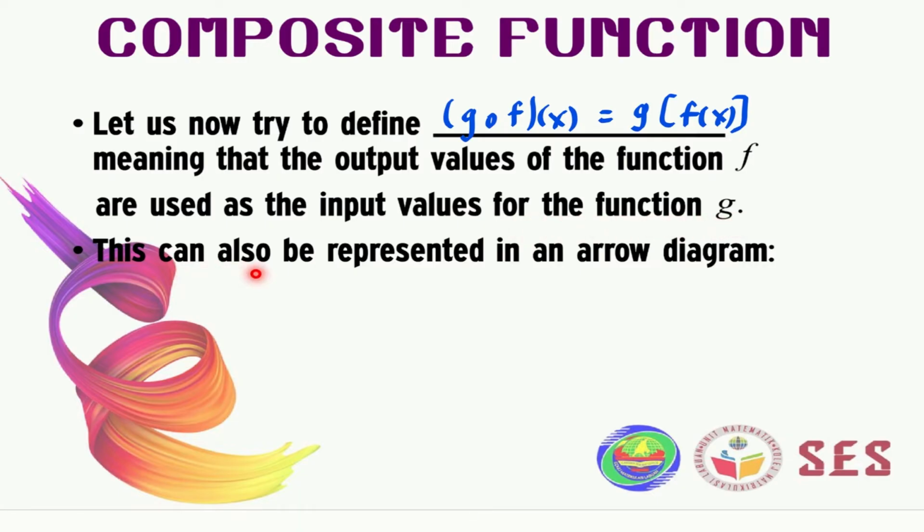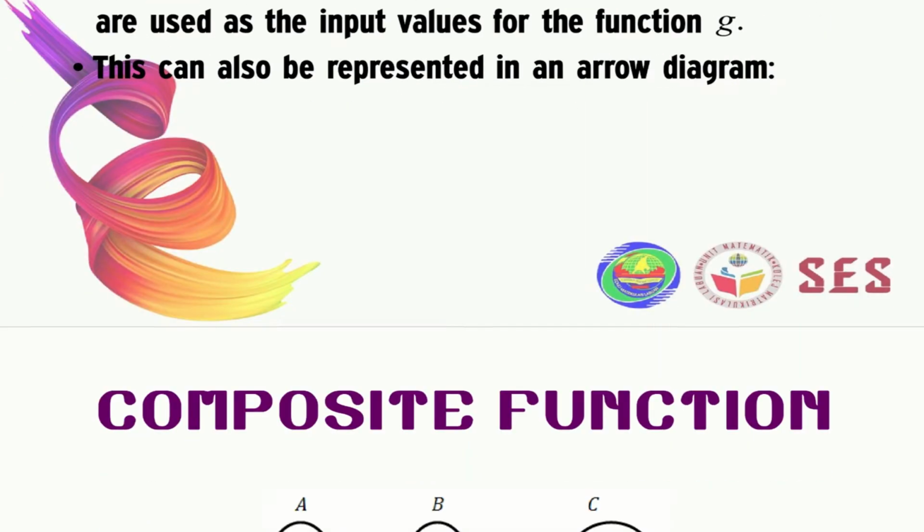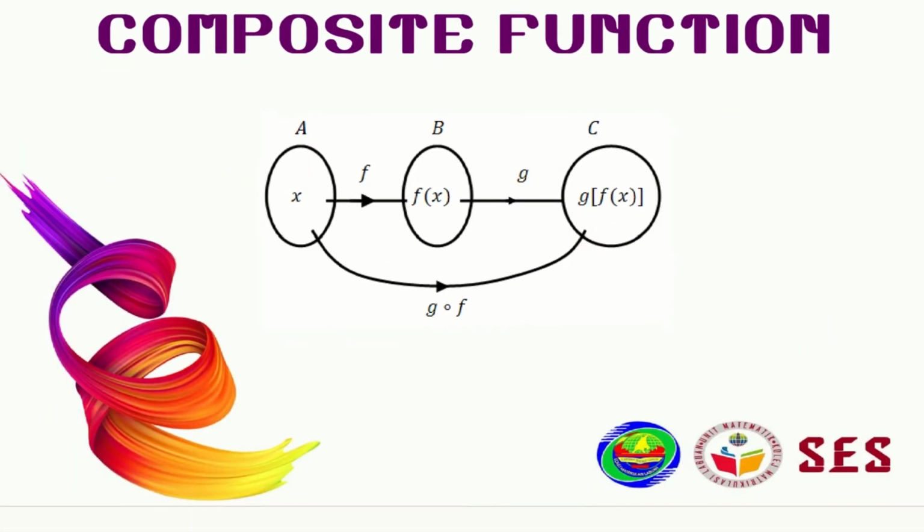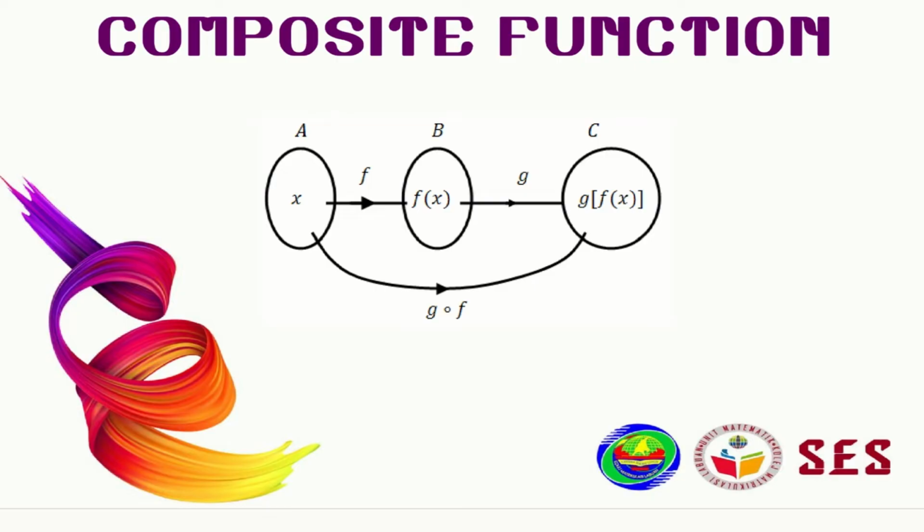This can also be represented in an arrow diagram. Please look at the arrow diagram here. What we have now is the input for f, and we have f(x), and this f(x) is being used as the input here for the function g. So this is what we call g of f.